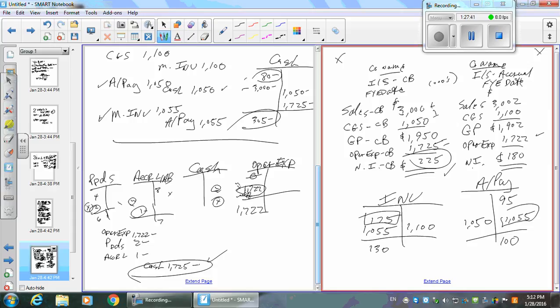I probably won't have you do a conversion on the balance sheet. If you can do it for the income statement, you can figure out how to do it for a balance sheet. That's beyond this.